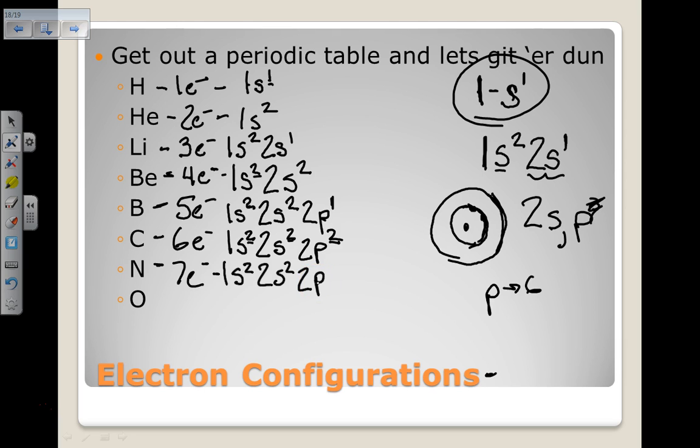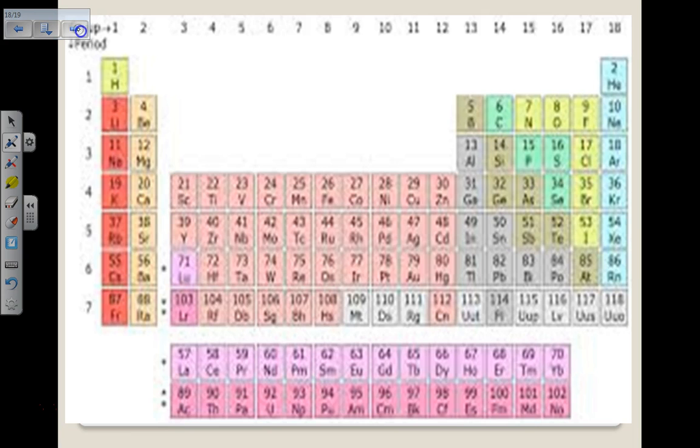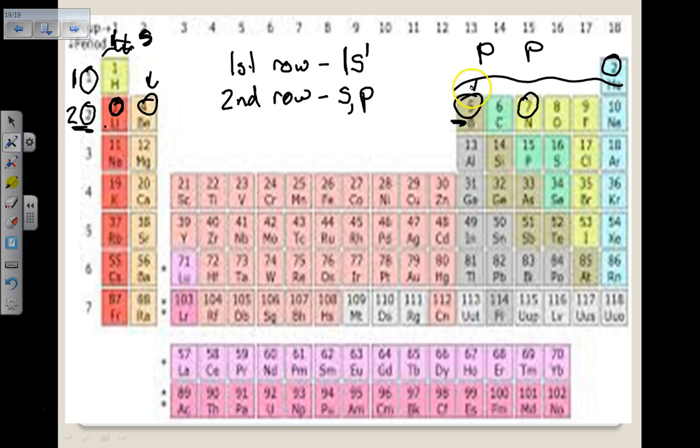Well, there's 3 orbitals, each orbital can hold 2 electrons, each with a different spin, up and down. And so if we can hold 6 in the p's, that means that we can go up to 3 here. Now, is there a coincidence that nitrogen is the third element over in the second row on the right-hand p side of the periodic table? Is that a coincidence? I don't think so.